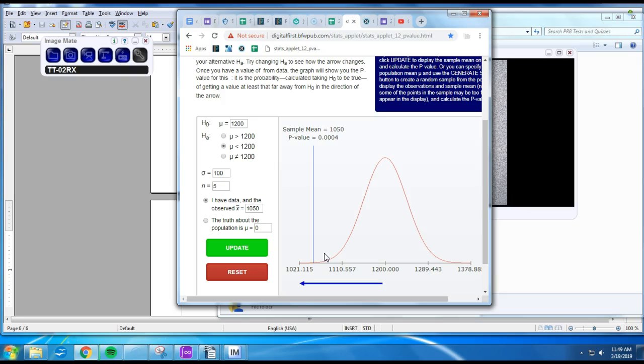Incorrect claim. The further you go into the tail, the less likely the claim is to be true, because you're getting such an unusual result. Is it possible that I would pick 5 students and they would get that average? Yeah, but it's about that possible. So it's much more likely that the original claim is wrong.